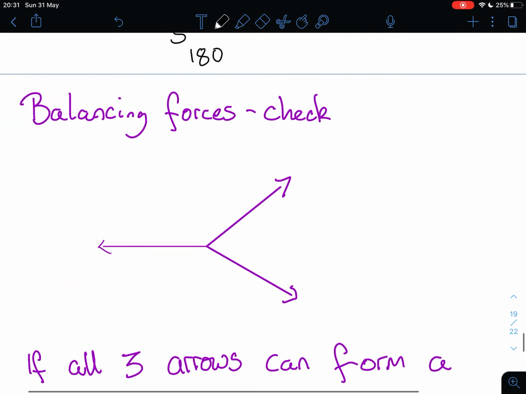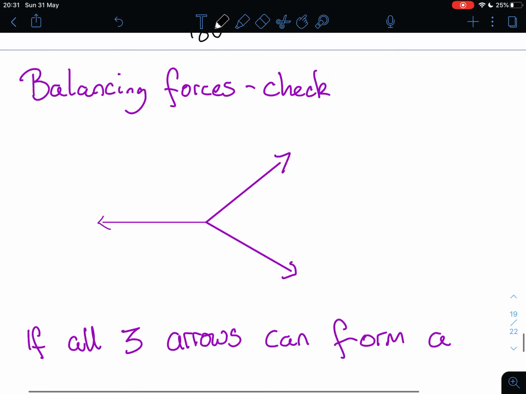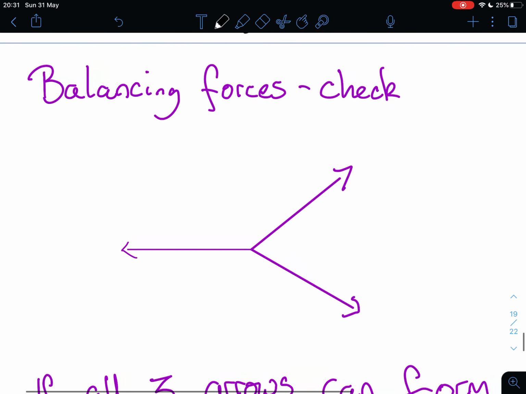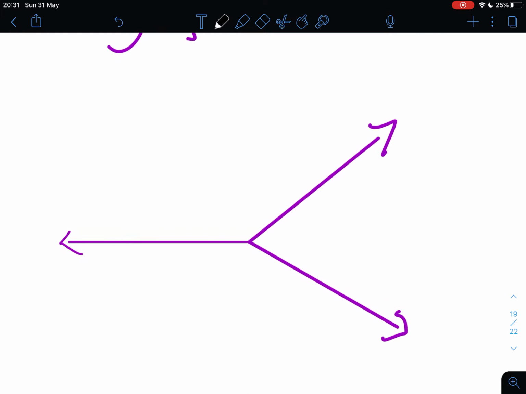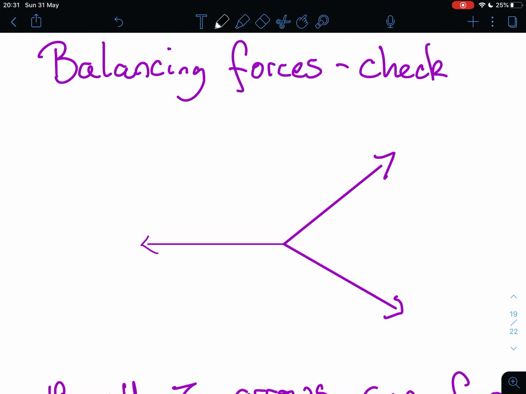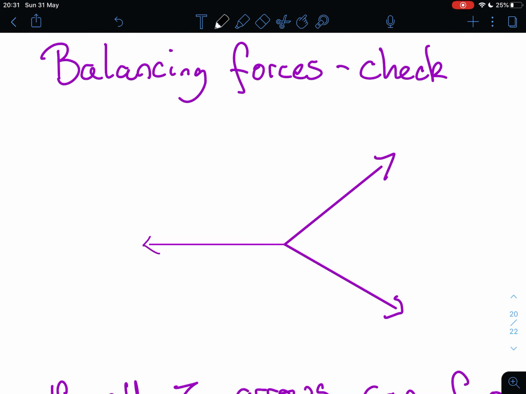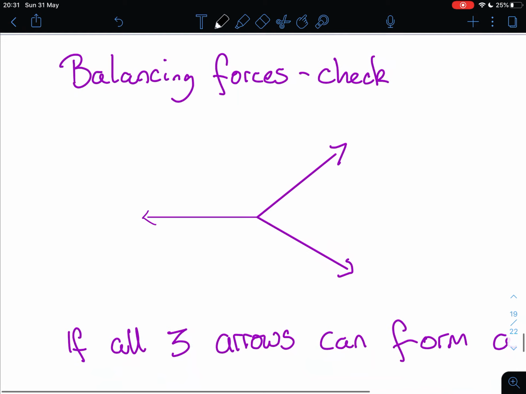Last bit of this lesson, quite a short one. Balancing forces, checking on them. Do these forces balance? I've got two forces acting here at an angle, and I've got this force here trying to balance it out. I don't want to get into the mathematics of it and measuring it all. I just need to know, do they balance out? So here's the check.